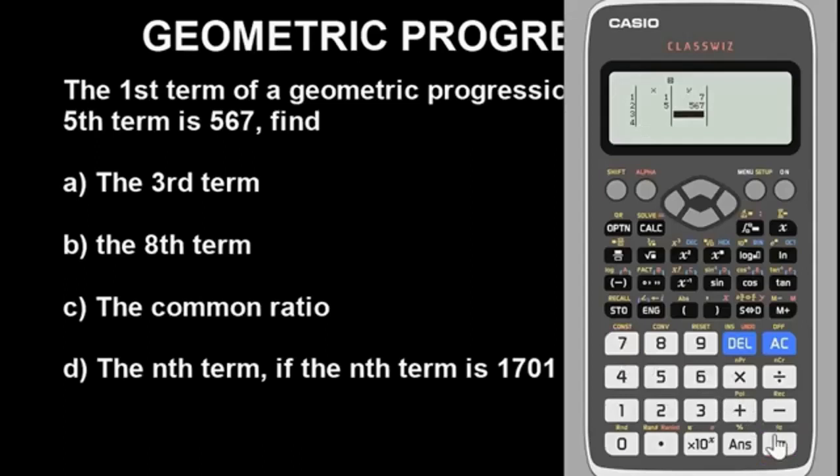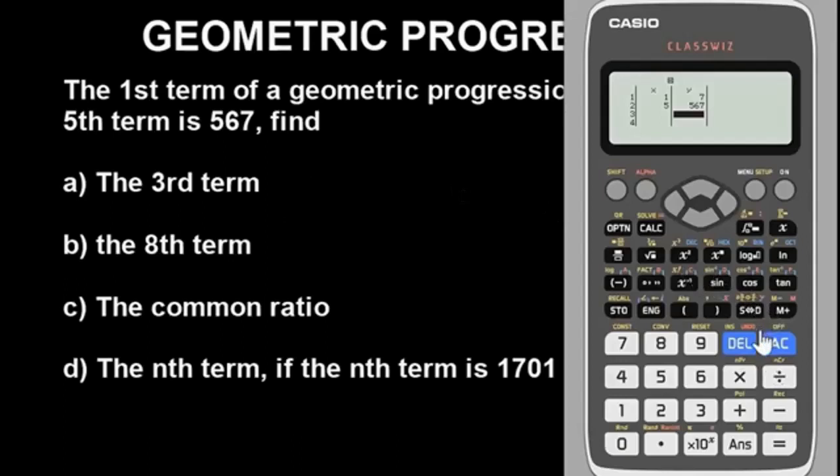Very important, guys. Now note that as you are inputting the values, the calculator is storing them automatically. So having known that the calculator has stored these values as you are inputting them, now that you are done inputting, we can simply wipe them out by pressing the AC key and begin to find what we are asked to find.